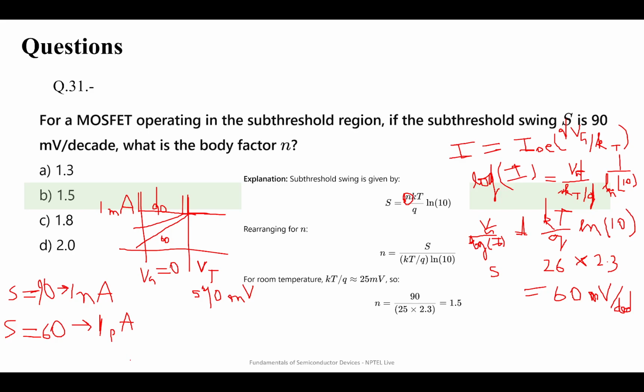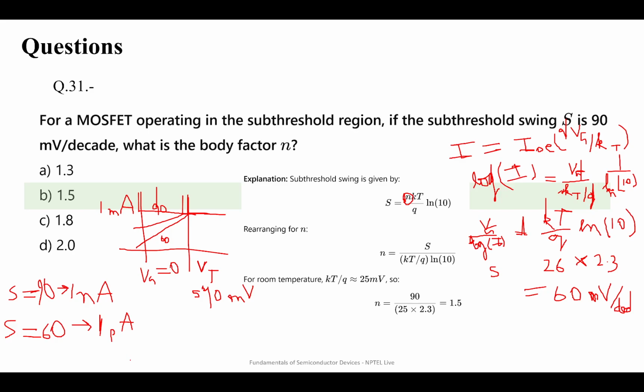That means the processor should be in the off state, right? Let's say there are 1 billion processors in your device, and each is giving 1 picoampere current, and in the other case each is giving 1 nanoampere current. That is the current they are leaking in the off state. So this is why it should be as low as possible.